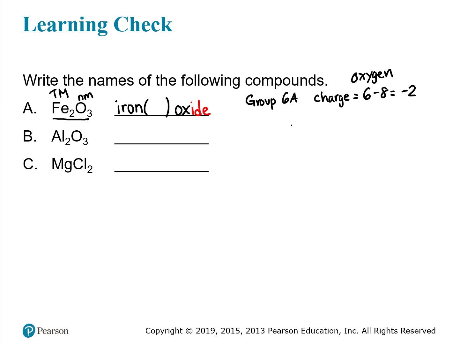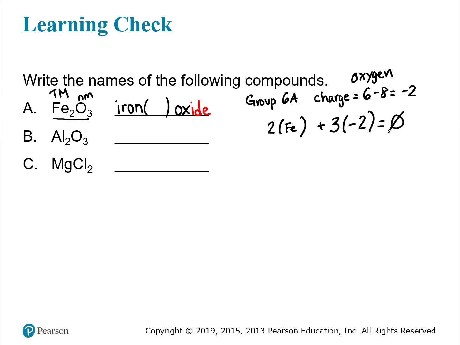When we have an ionic compound like we do here, a metal and a nonmetal, the overall charge has to be 0. So all the positive charge from the cation and all of the negative charge from the anion, when you add those charges together, it must be 0. In this compound, we've got 2 iron ions, so I'll say 2 iron, plus we've got 3 oxygens, and we know that the charge of those oxygens is -2.